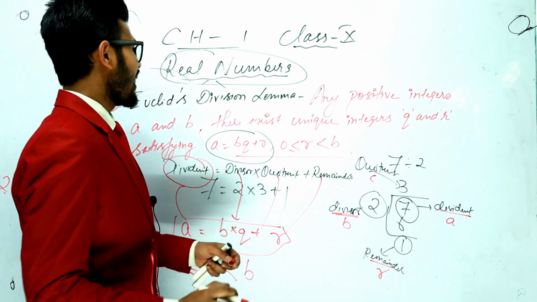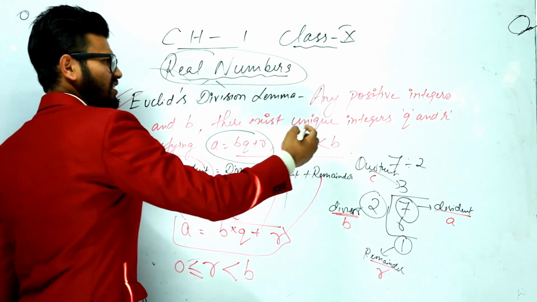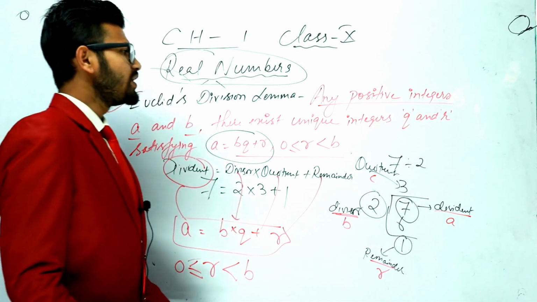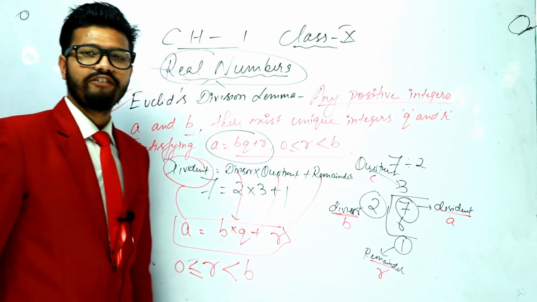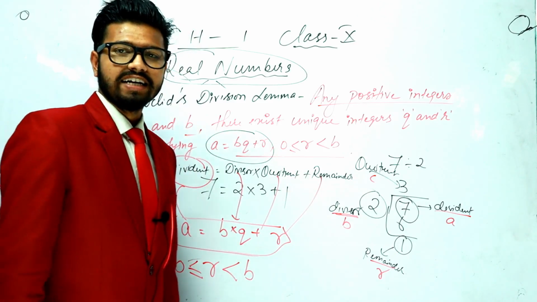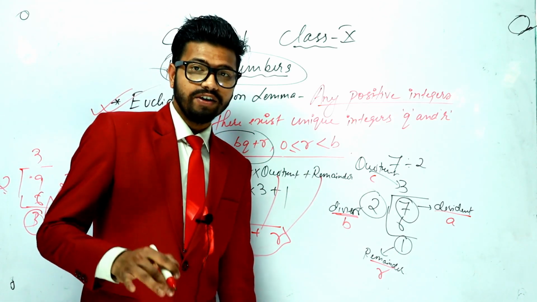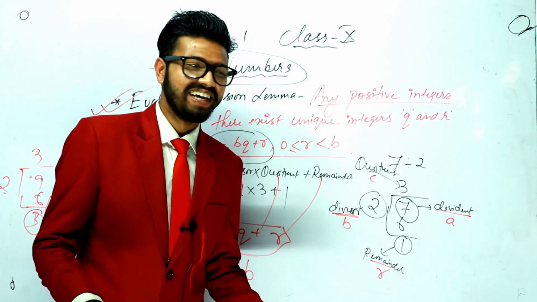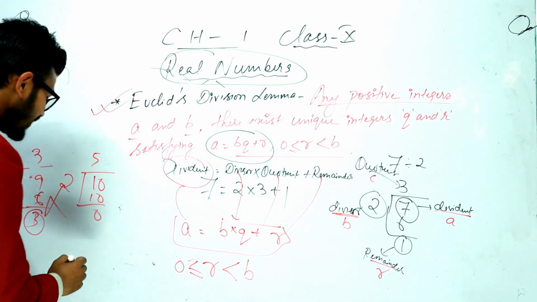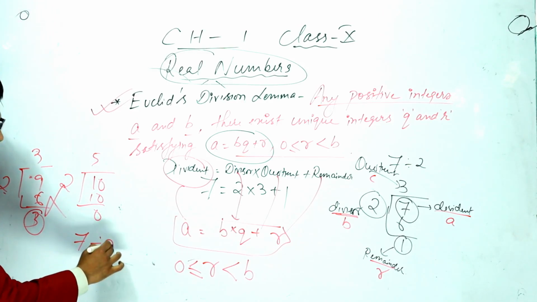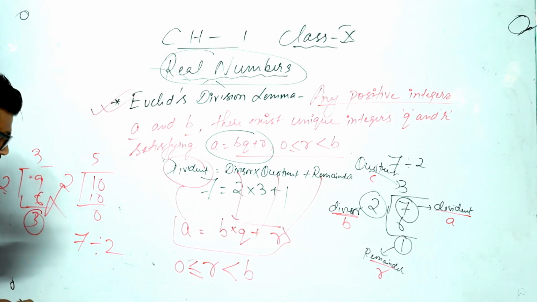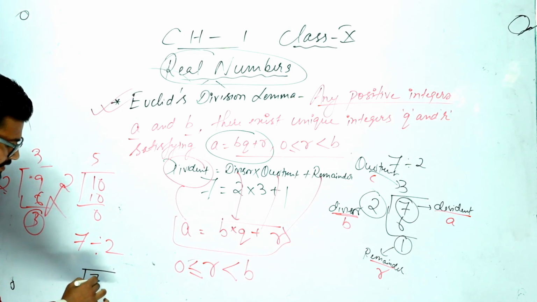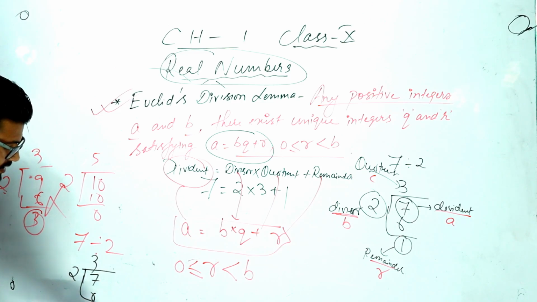So I hope it is clear, and let me explain this one. For every positive integer A and B, there exist unique integers Q and R. Obviously, for every dividend and divisor, there exist a different quotient and remainder. If I say divide 7 by 2, 2 threes are 6, 1.